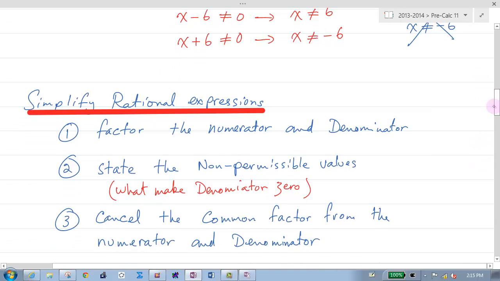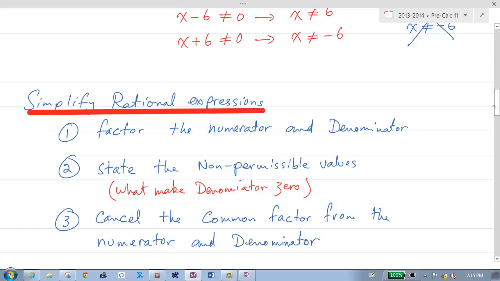There are 3 steps involved in this. First step, we factor the numerator and the denominator. Second step, you state the non-permissible values, right? Or basically find out what makes the denominator 0, right?